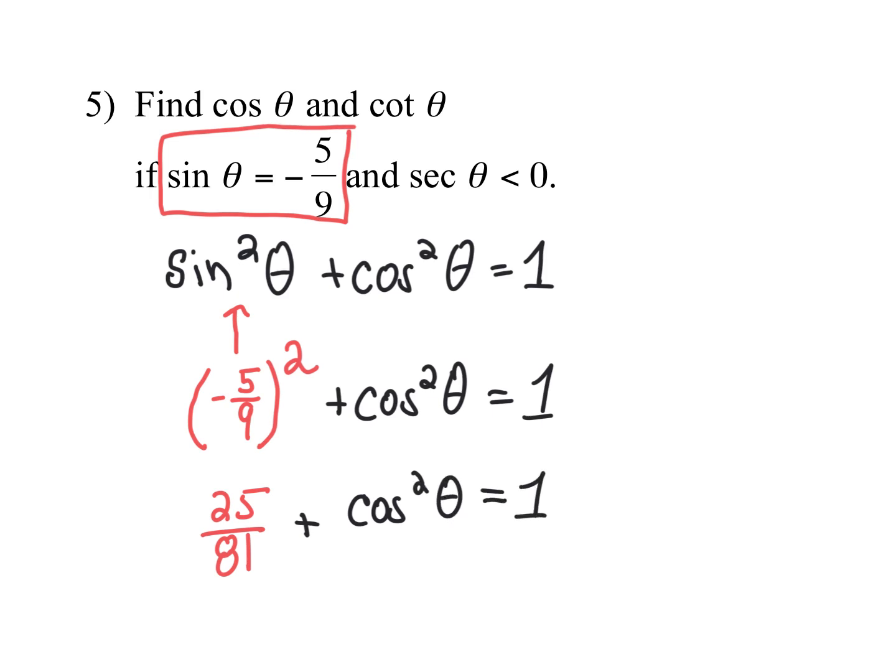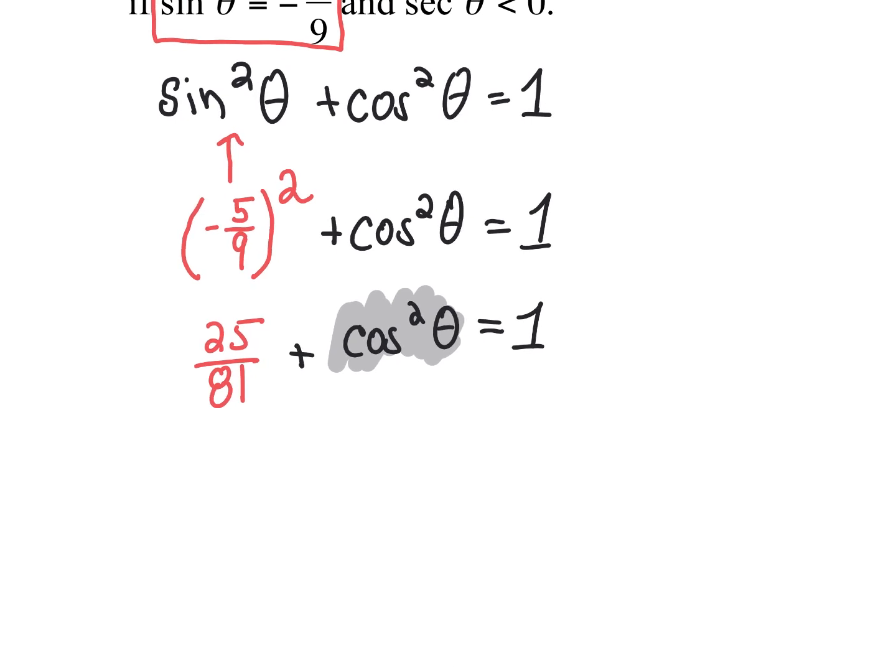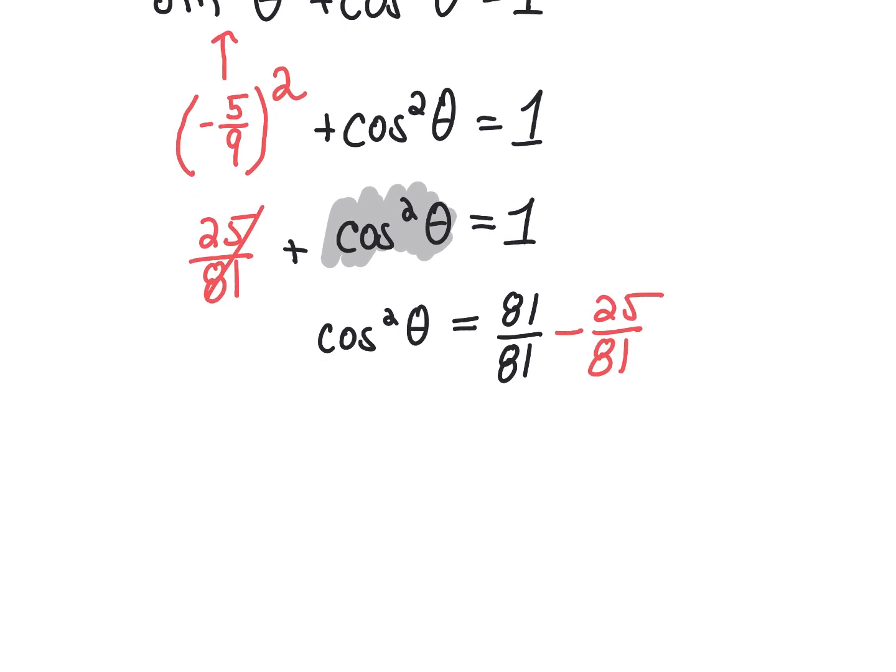equals 1. And then in an effort to isolate what we don't know, I'm going to go ahead and subtract 25 out of 81 from both sides. And in this case, my 1 is going to turn into 81 out of 81. And I'm going to go ahead and subtract 25 out of 81, hence subtracting 25 out of 81 from both sides.